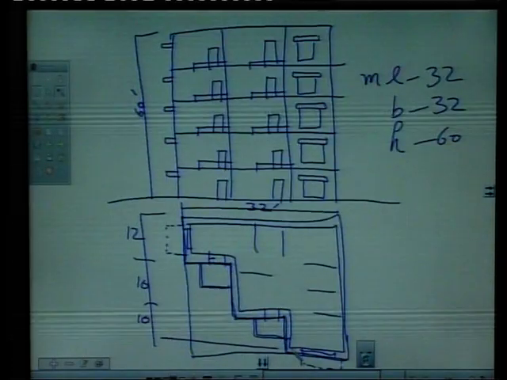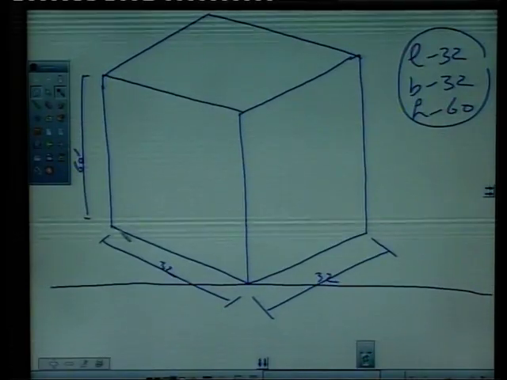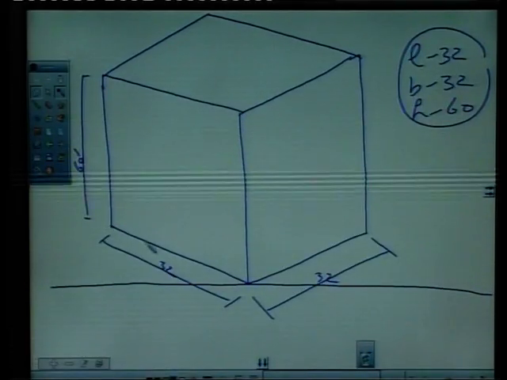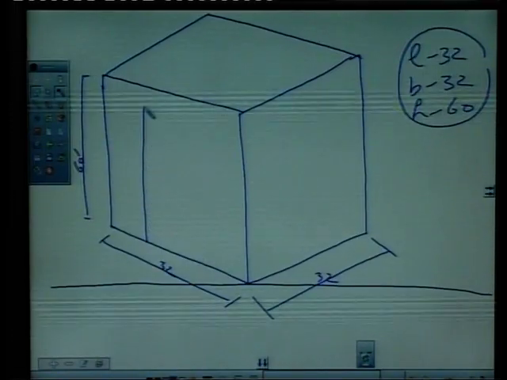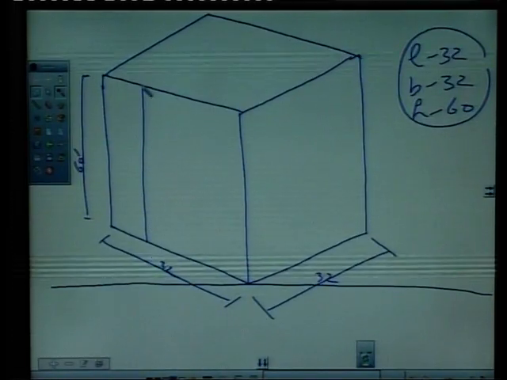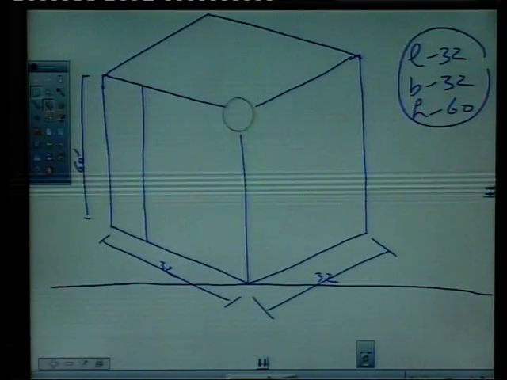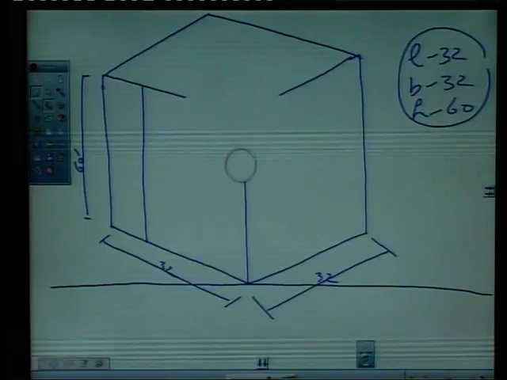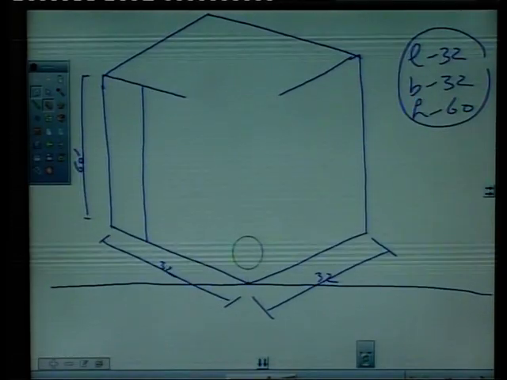How to draw these lines quickly? See, first mark say 12 feet from here and draw vertical lines, because vertical lines remain vertical, right? In this also I will just erase this line so that things are clear to you. You need not erase, okay?